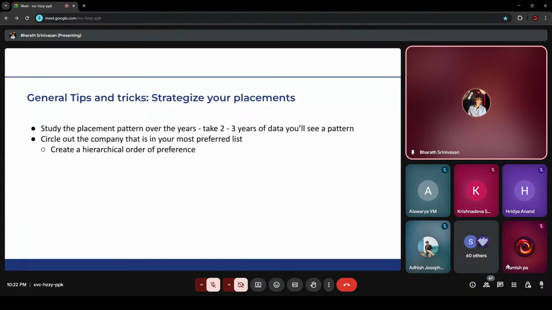All right. So create a hierarchical order of preference and analyze the usual period of the year the companies come in for placements, what I said earlier. Every year you can find a certain pattern, especially when it comes to corporate companies that have centralized recruitment. Synopsys is not such a company. Synopsys has team-wise recruitment.